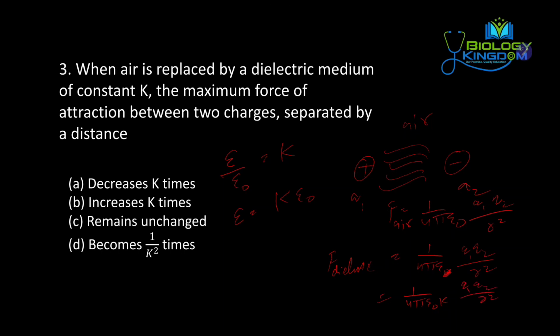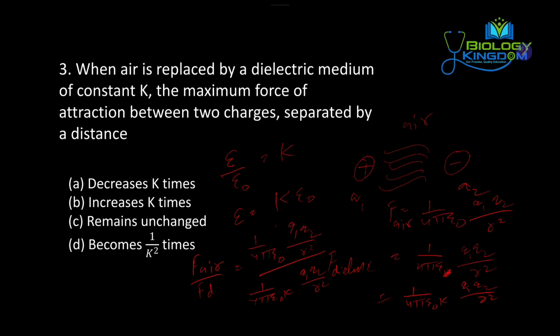Now if we take the ratio of the force in air to the force in dielectric, we get 1 by 4 pi epsilon naught Q1 Q2 upon R square divided by 1 by 4 pi epsilon naught into K Q1 Q2 upon R square.